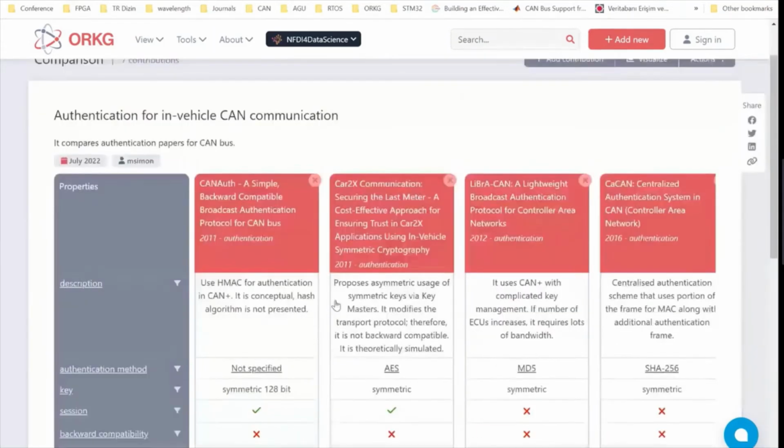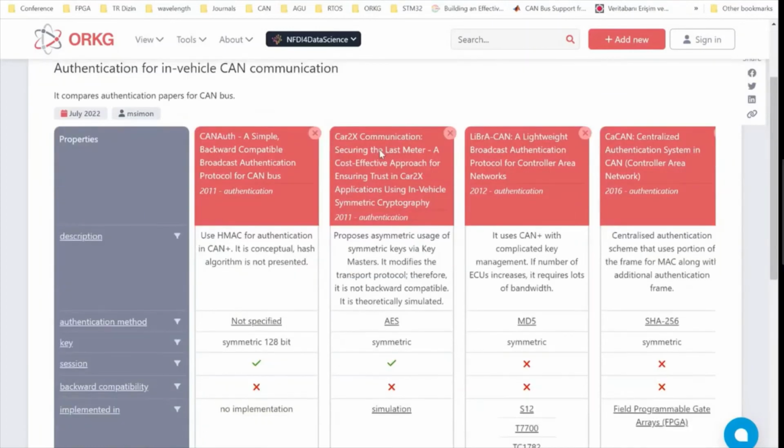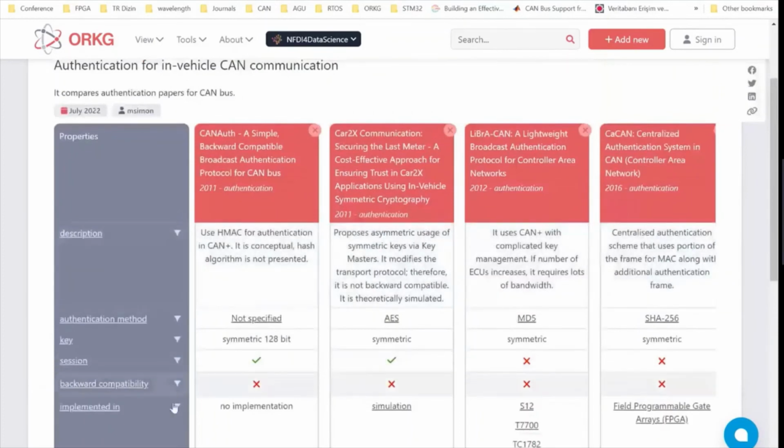Here is another example. It shows authentication of CAN communication. The structure is a bit different, but the working principles are the same.